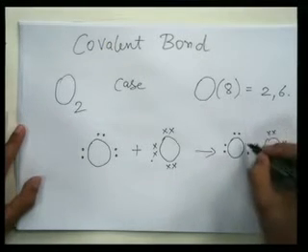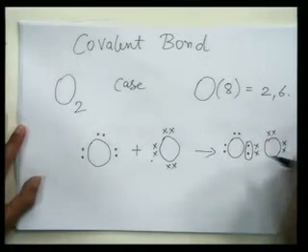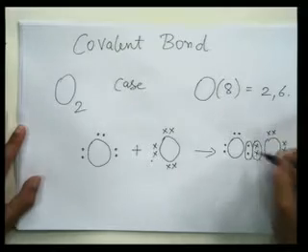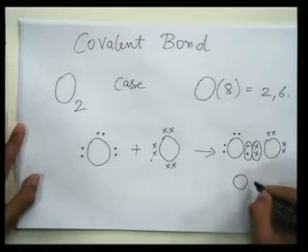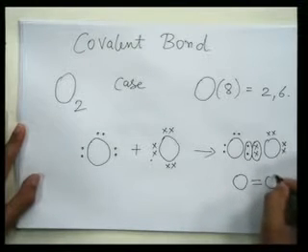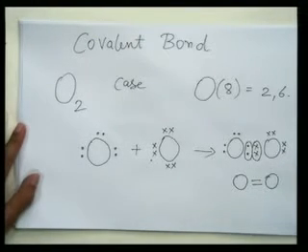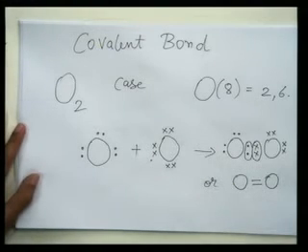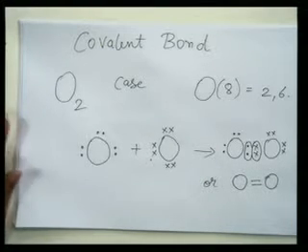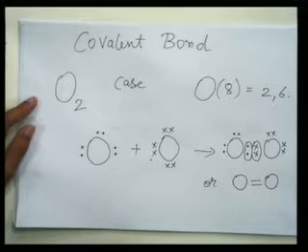If you look here, this is one pair of electron, this is another pair of electron. It means what? That your oxygen is going to form the double bond because two electron pairs are shared. Okay, that one has to remember, and that results in formation of your O2 molecule.